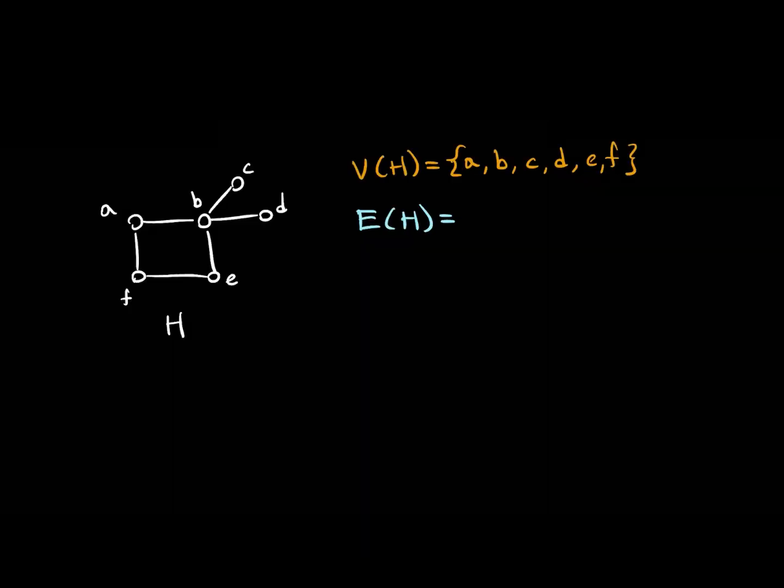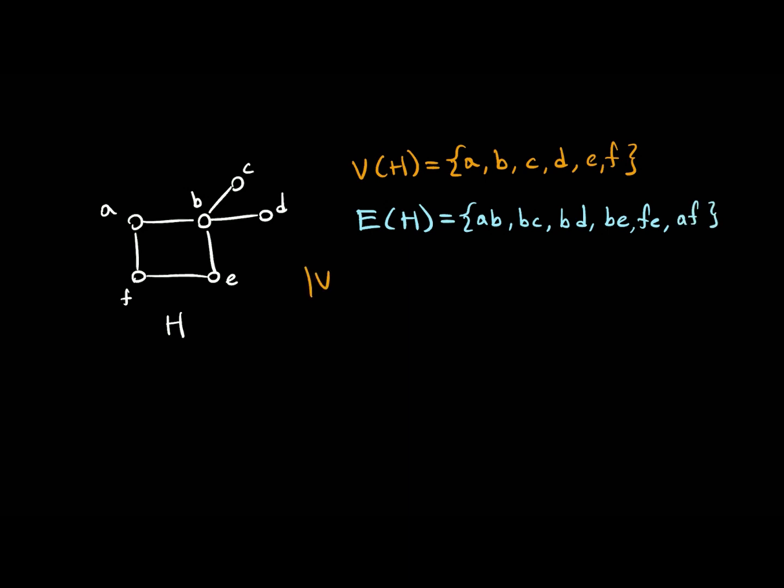Well, now you've been looking at it, you can see that AB is an edge, BC is an edge, BD is an edge, BE, FE, not so hard, right? In total, we have that the size of the vertex set of H equals 1, 2, 3, 4, 5, 6. The edge set of H has an order of 6 as well.